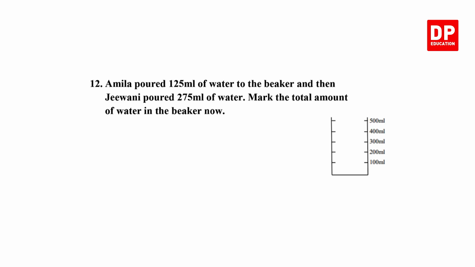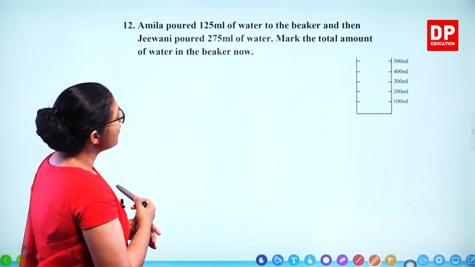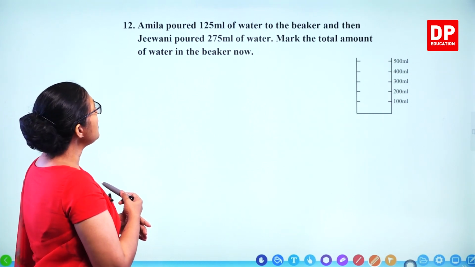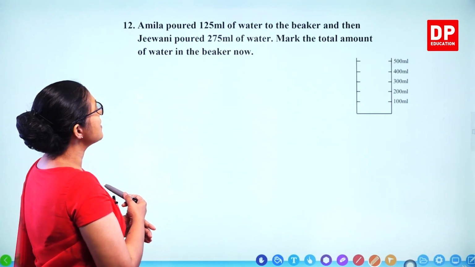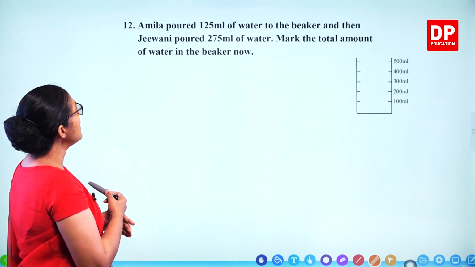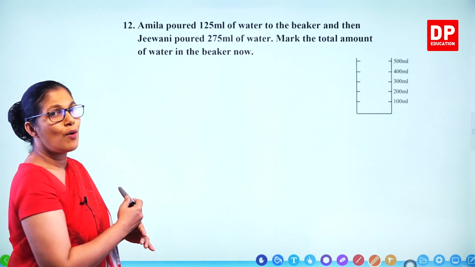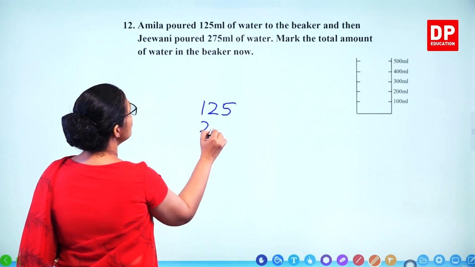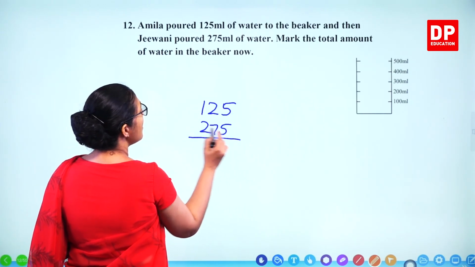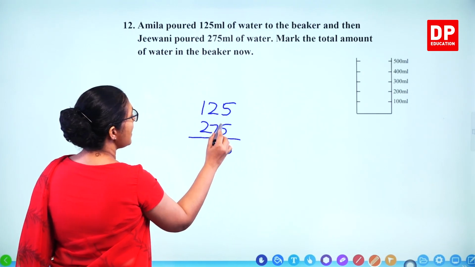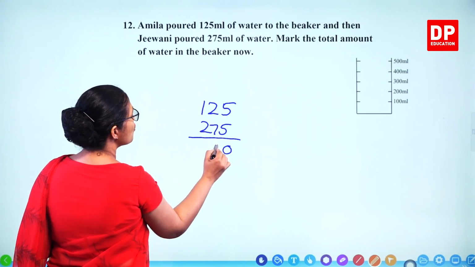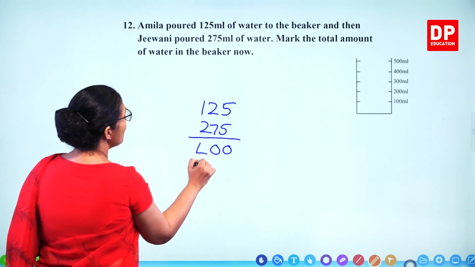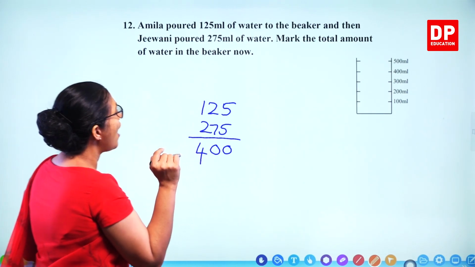Question number 12. Amila poured 125 milliliters of water into the beaker and then Jeevani poured 275 milliliters of water. Mark the total amount of water in the beaker now. So first add it and see. 125 and 275, both are in milliliters. 5 plus 5, 10, 1 remaining. 8 plus 2, 10, 1 remaining. 3 plus 1, 4. 400.